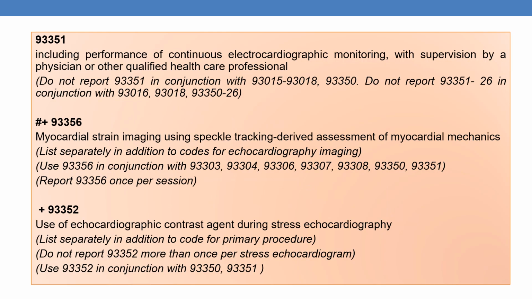The next CPT is 93351. This is a continuation CPT. This is echocardiography, transthoracic, real-time with image documentation 2D. It includes the M mode recording when performed during rest and cardiovascular stress test using treadmill, bicycle or pharmacologically induced stress, including the performance of continuous electrocardiographic monitoring. This includes continuous electrocardiographic monitoring with supervision by physician or other qualified healthcare professional.